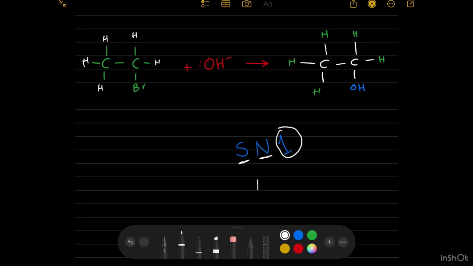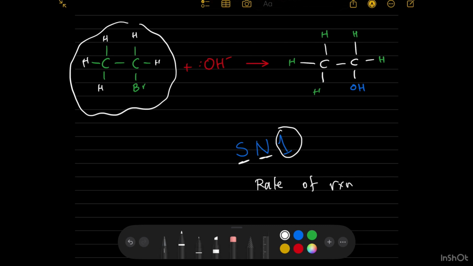SN1 says that the rate of reaction depends only on one material in the reaction, which is the haloalkane. In other words, it depends only on the concentration of one reactant, the haloalkane, and that's why we say SN1.